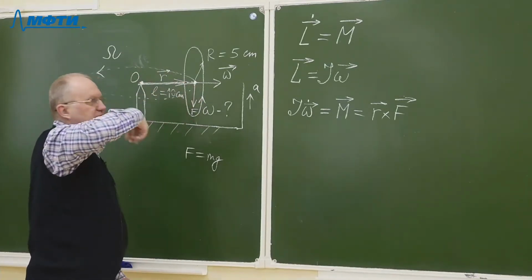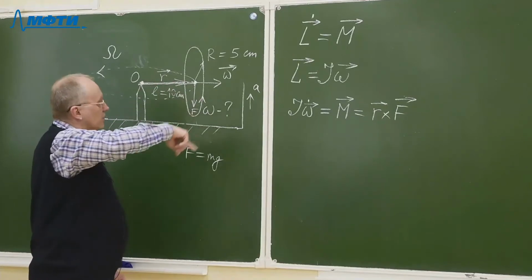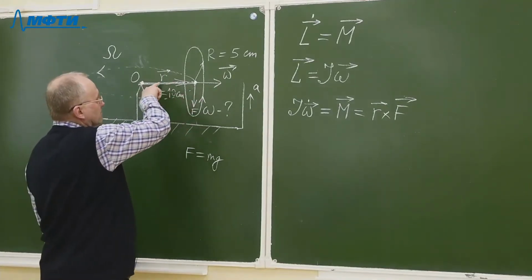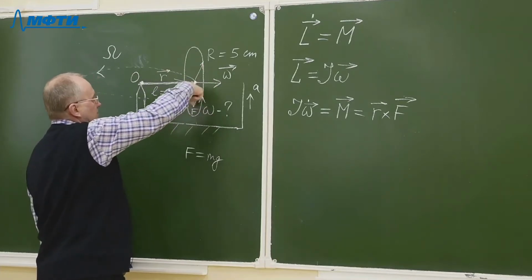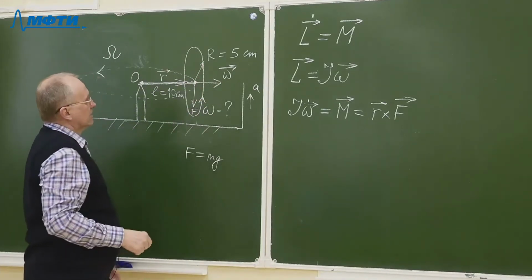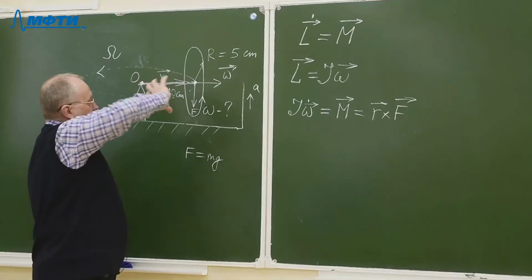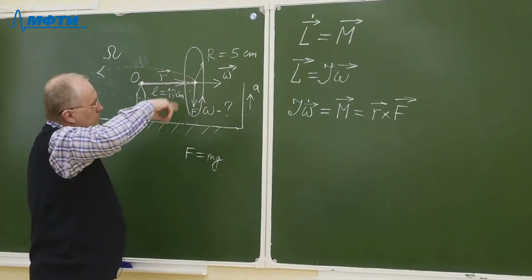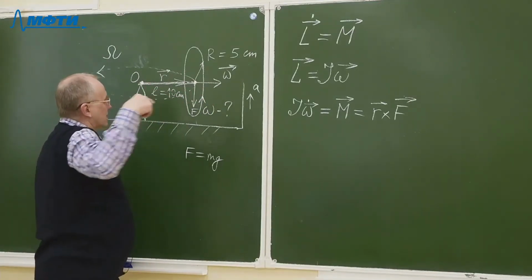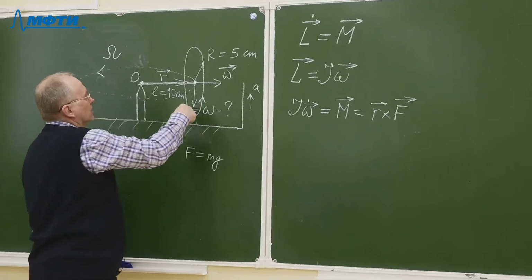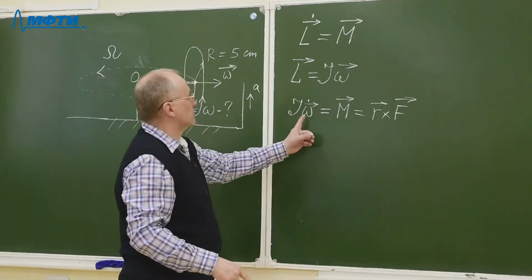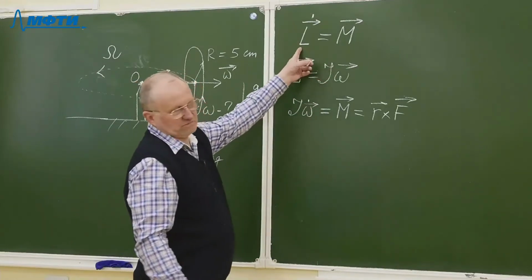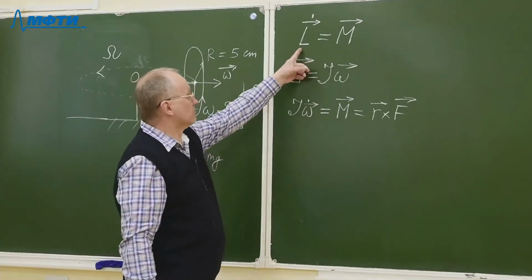So if you rotate the screw clockwise, in this particular case, vector r is rotated until it coincides with vector f. If the screw is rotated clockwise, then it goes there, perpendicular to the rod. And that will be the direction of change of this vector, the angular momentum.